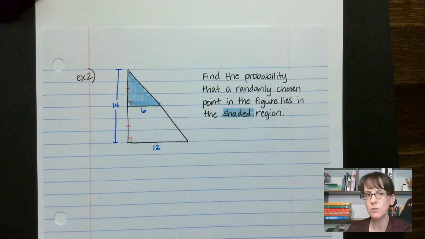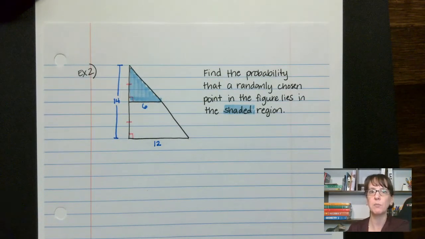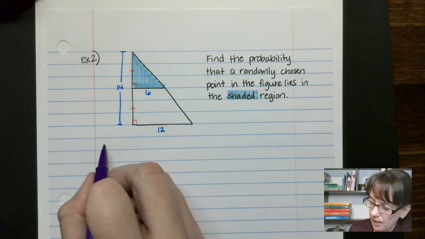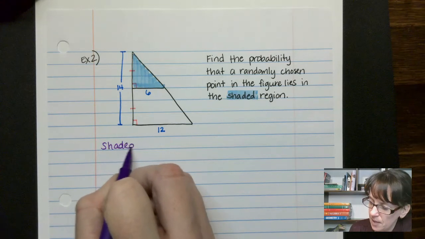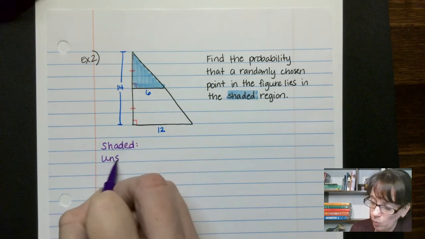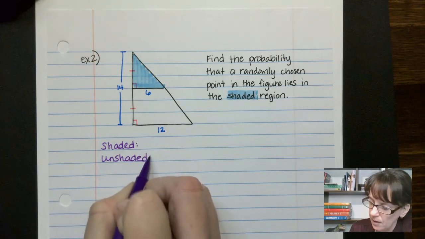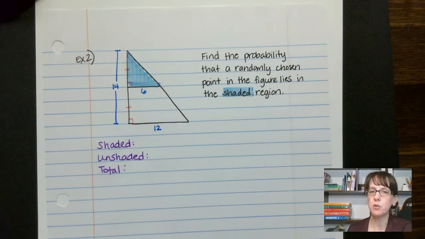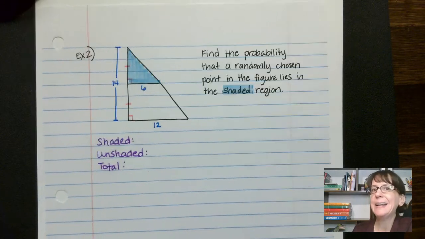Let's try another one. This time let's take a look with triangles. We've got this triangle here. What is the probability that a point chosen at random lands in the shaded bit? Again, we need the shaded, unshaded or white part, and the total. Remember, to find the area of a triangle, you take the base times the height and cut it in half.